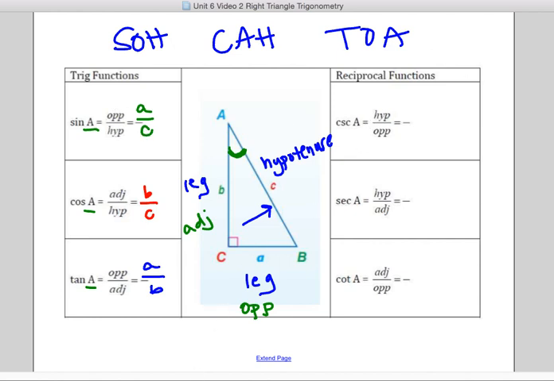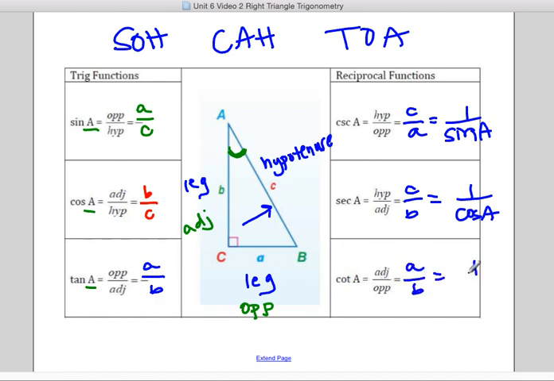And if we're looking at our triangle, it becomes C over A. And this is really just the reciprocal of sine, so it's 1 over sine of A. Cosine's reciprocal is secant, so we flip it, and this one's going to be hypotenuse over adjacent, so now it's C over B. And this is really 1 over cosine of angle A. The last one's easier to remember, cotangent. It's the reciprocal of tangent. So now we have adjacent over opposite, or in this case, A over B, and it's the reciprocal of tangent.